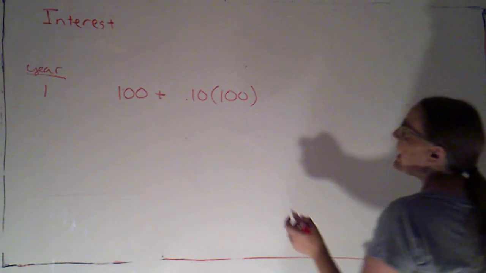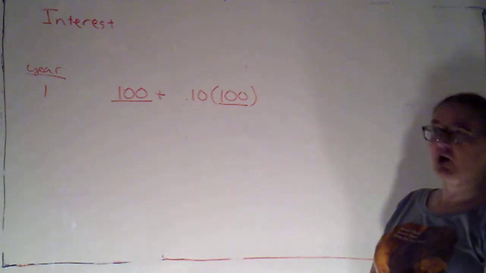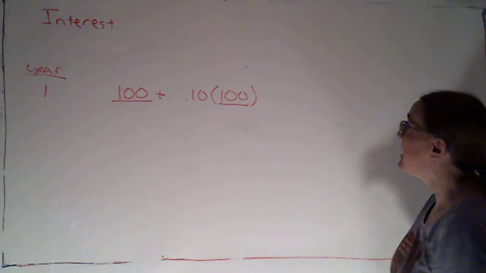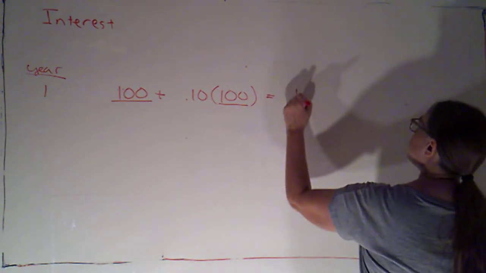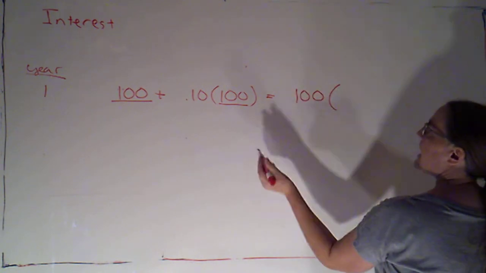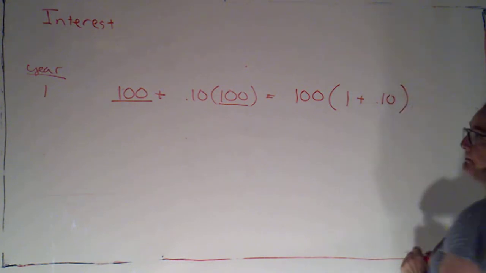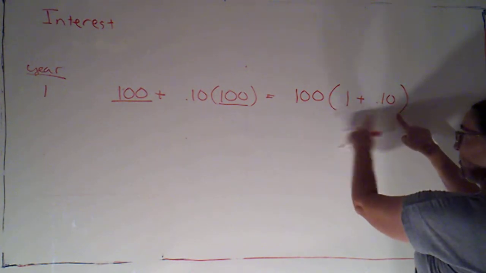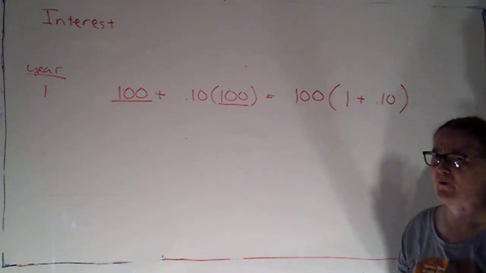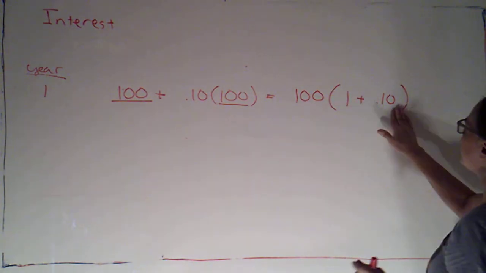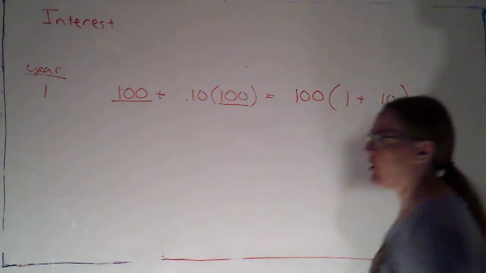And notice that 100 occurs in both of those terms. So if I wanted to, I could factor that out and say that's 100 times 1 plus 0.10. Now I'm purposely writing it this way. Obviously I know that that's 1.1, okay? But I'm purposely writing it this way because, well, keep watching.